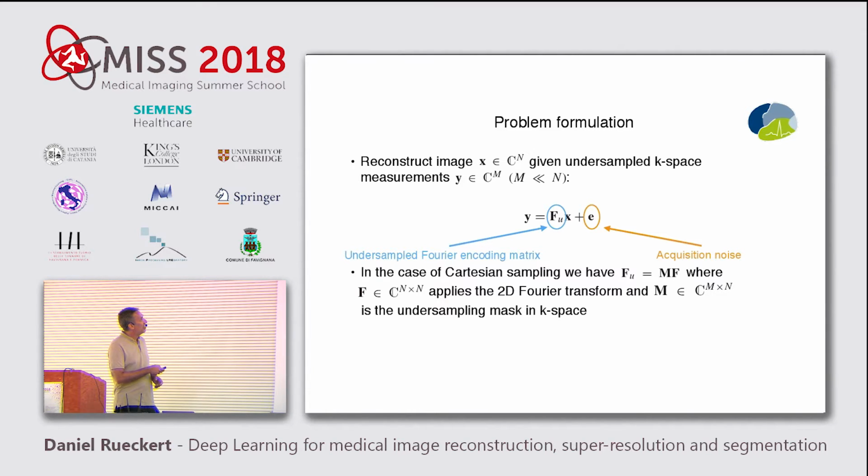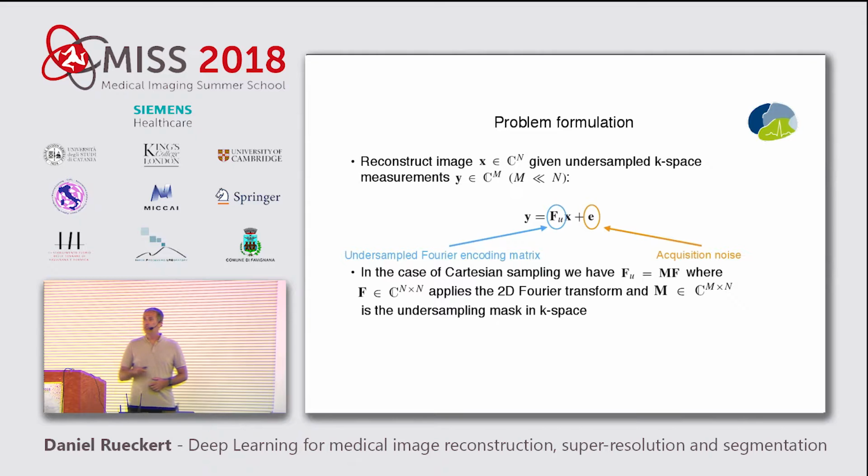And then effectively our reconstructed image and our measurements are related by this very simple equation here, where E is the acquisition noise, and this is our undersampling Fourier operation. Okay? Very simple setup.